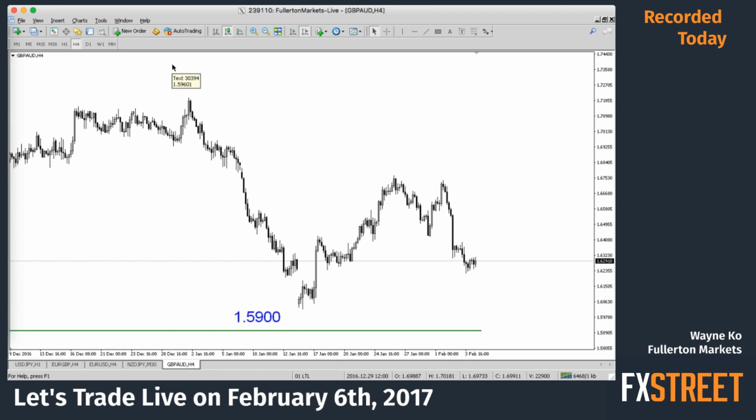So from now until that time, the pound Aussie may move, but I do not expect much of a big movement or trending moves, because it depends on what the RBA has to say tomorrow.